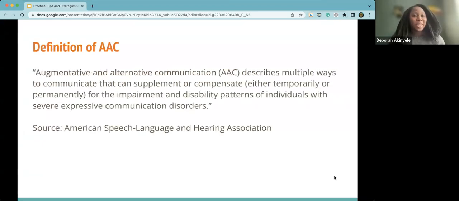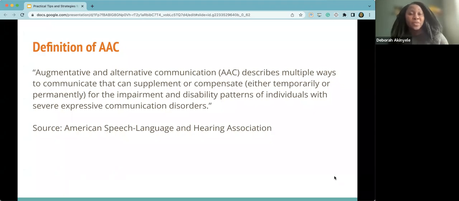So before we get started, wanted to run through this really quick definition of AAC. And in many cases, when we think about AAC, we think about AAC devices. And today we are going to be talking mostly about AAC devices, but really AAC is a broad term to help us consider all the different ways that individuals who are non-speaking may have an opportunity to communicate their wants and needs.